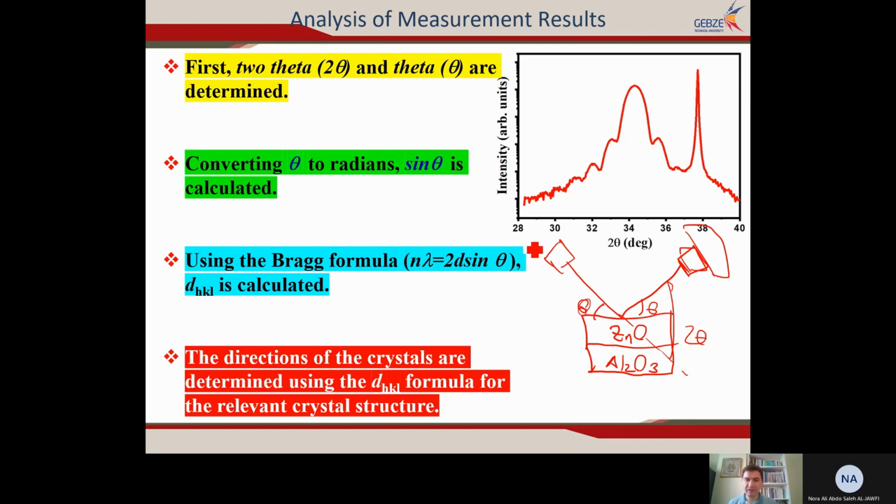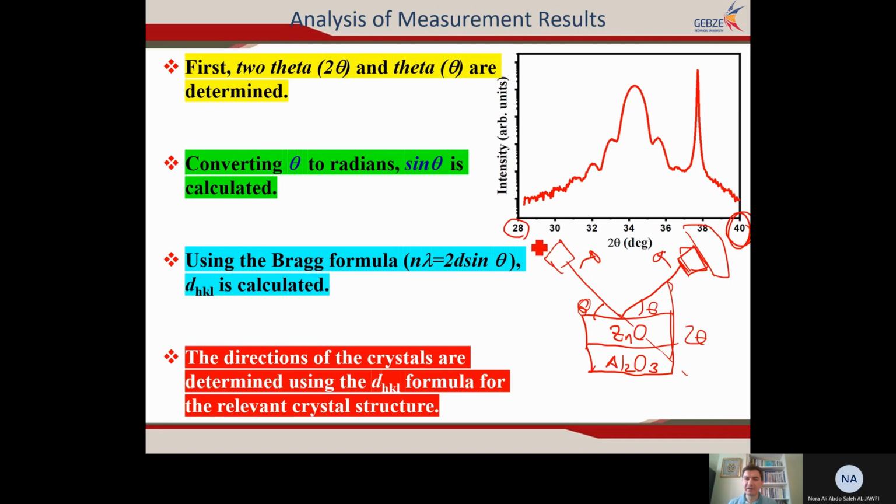So what do you see here? 2 theta started from 28 degrees and goes to 40 degrees. I have increased 2 theta, but simultaneously I have also increased the incident angle. Then finally I get this data.